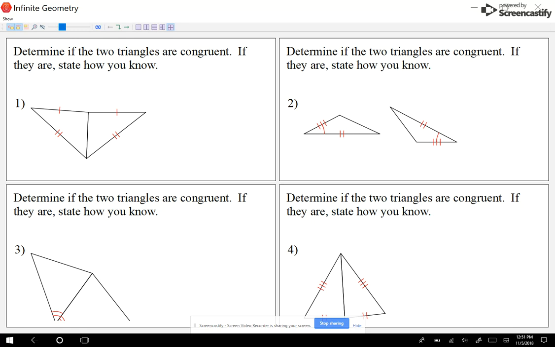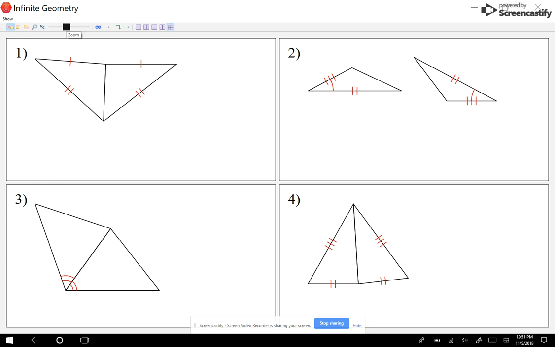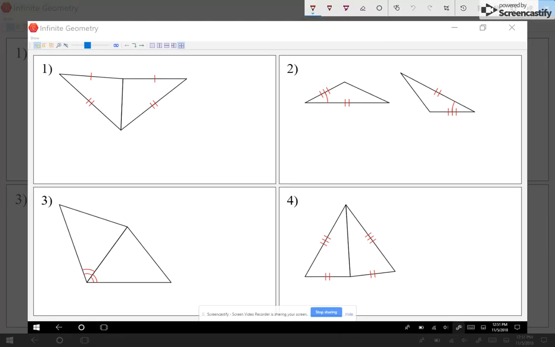Here it says determine if the two triangles are congruent. If they are, state how you know. So my question is, are they congruent? If they are, tell me how you know. Let me take the instructions out just for the space. So looking at question number 1, the only way I can mark a side is if they both share it. So technically, I can mark this side.